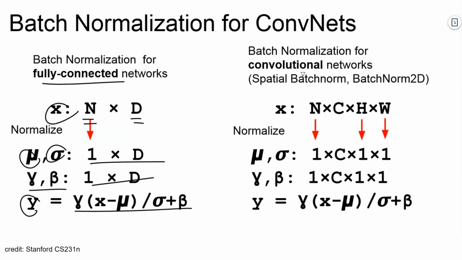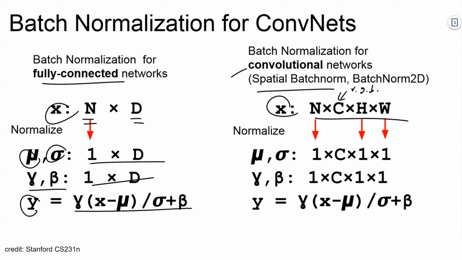And we're going to have a look at what convolution is in the following sessions. And we can also implement spatial batch norm. In this case, the input looks like this, N by C by H by W, because C means RGB channels, and H and W mean height and width of the image.